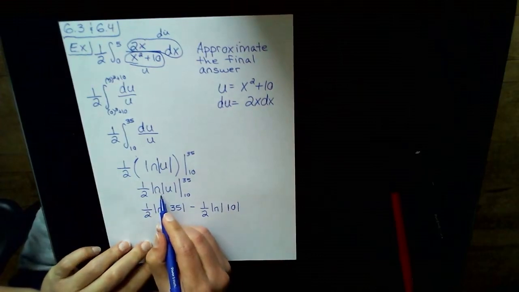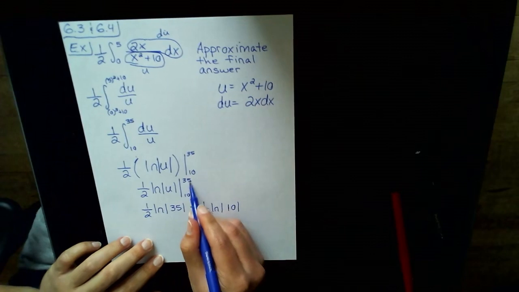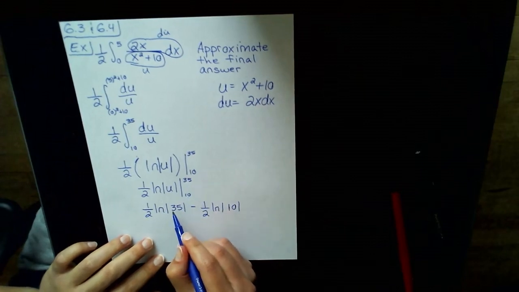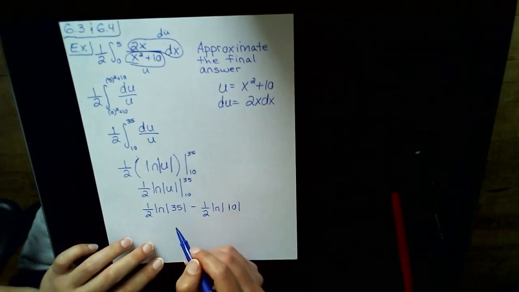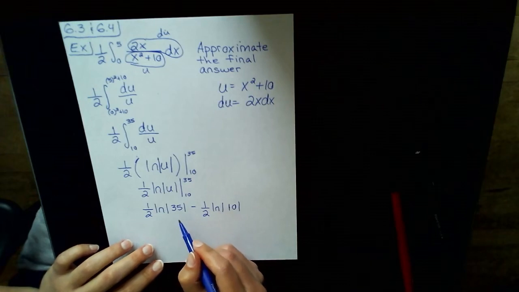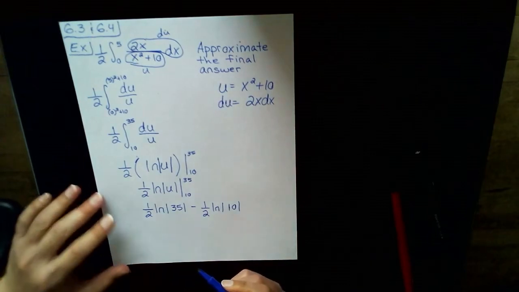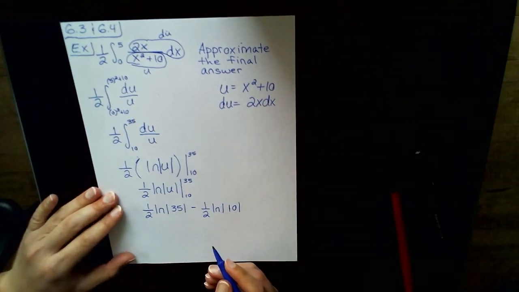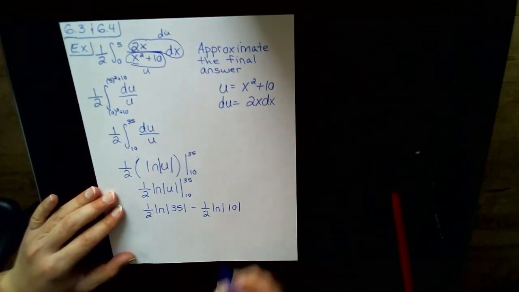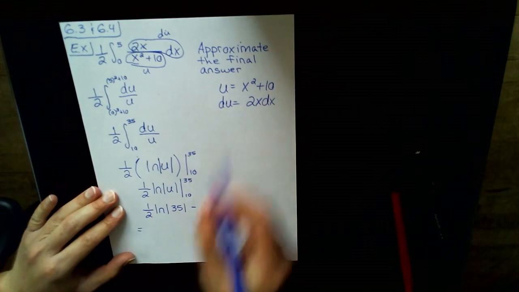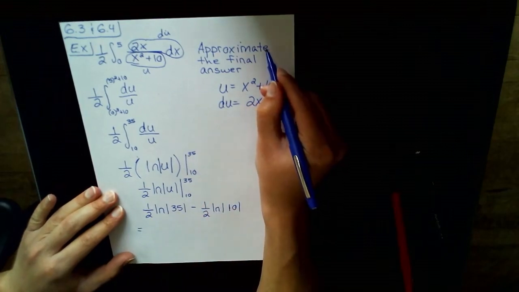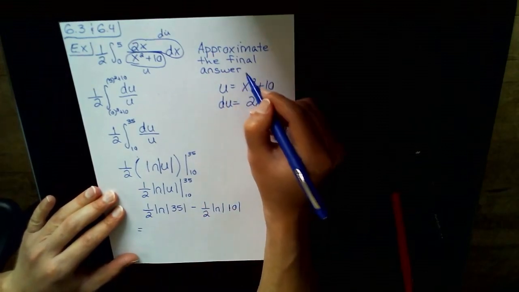Remember, these absolute values are very important because if these numbers were negative, the absolute values would get rid of those negatives. Otherwise, it would end up giving you a does not exist or error or undefined when you plug it into your calculator. And at this point, we can plug it into our calculators because the original problem said to approximate the final answer.